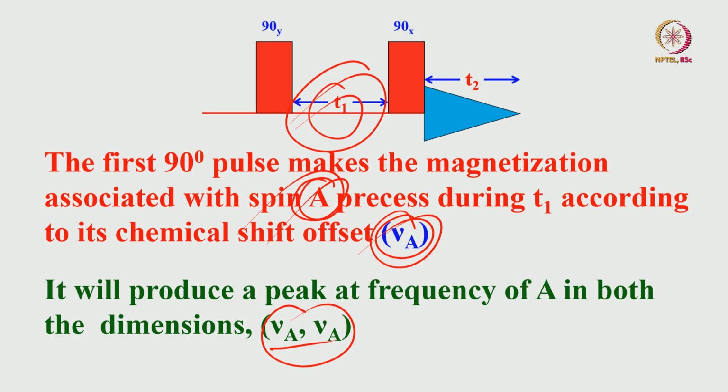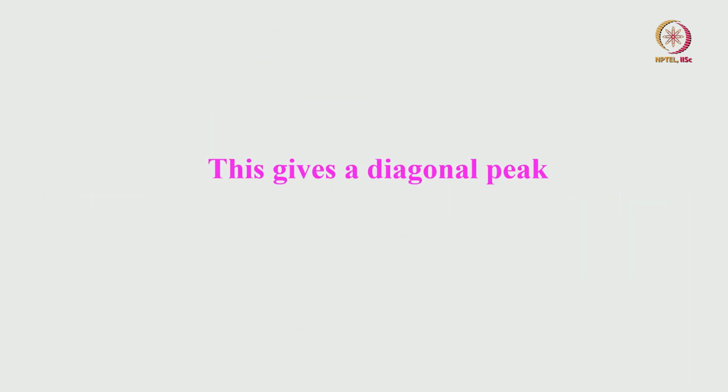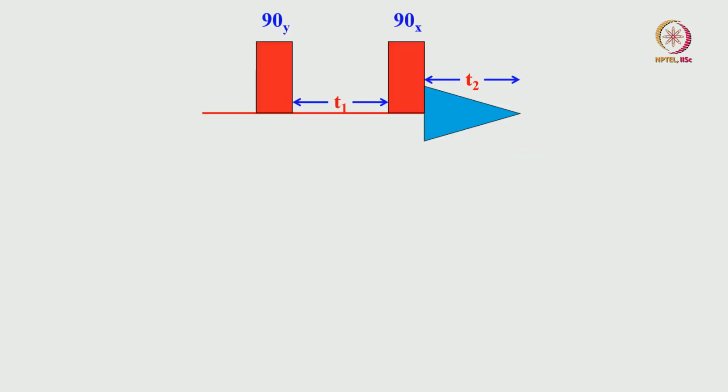For an uncoupled spin, the frequency remains the same in both omega 1 and omega 2 dimensions. So it gives a peak. What do you call this peak? This is a diagonal peak. Because it is precessing at its own frequency in both the t1 and t2 periods, it gives a diagonal peak which corresponds to identical frequency in both periods.